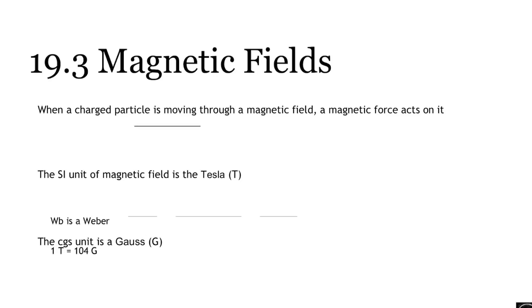Magnetic field lines: when a charged particle is moving through a magnetic field, a magnetic force acts on it. So this is also another way to detect whether there is a magnetic field within the area. We project a charged particle into the area.